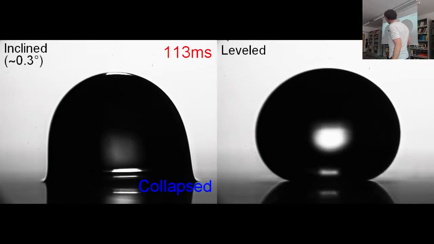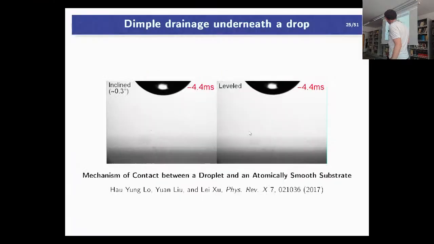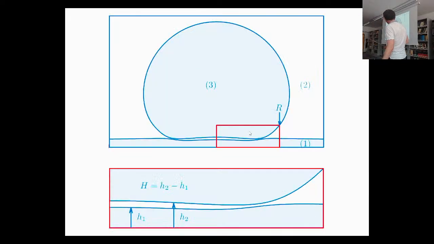So the main question we wanted to address is what are the drainage rules of this very thin film. It's not related to the dimple I was talking about previously, because there is no inertia in this problem, so the equations are different. Here is how we modeled this problem.